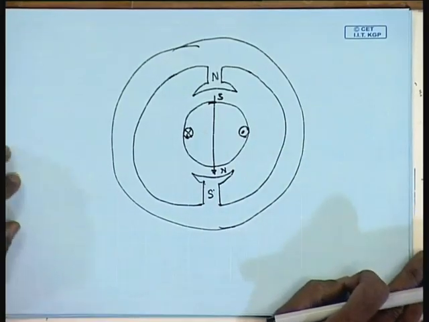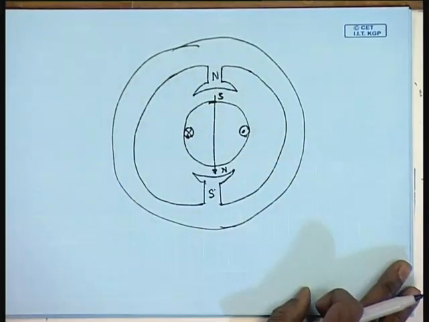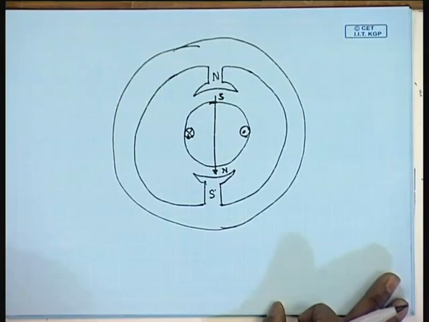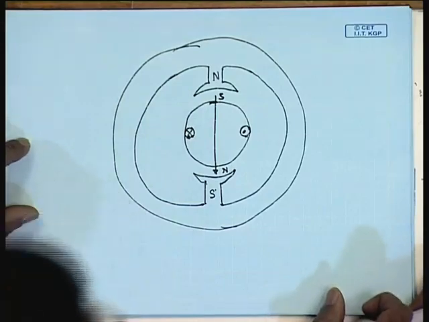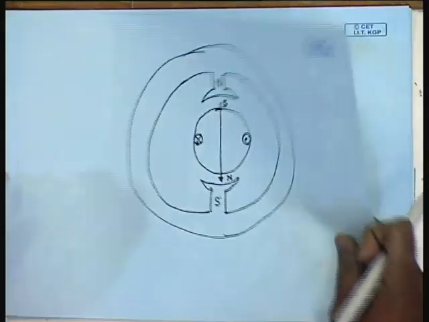The device by which this change of polarity is effected is called a commutator. So, let us see how a commutator will be placed.